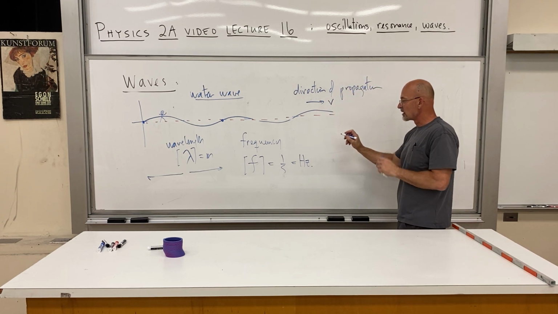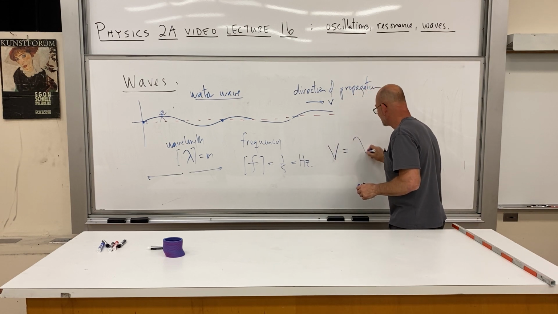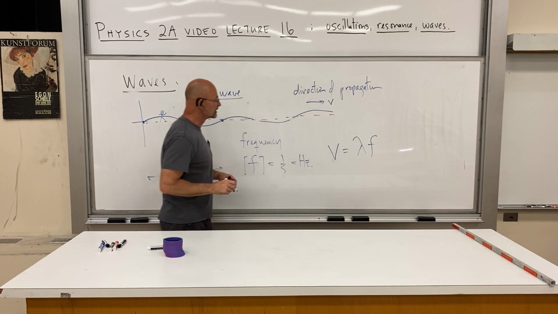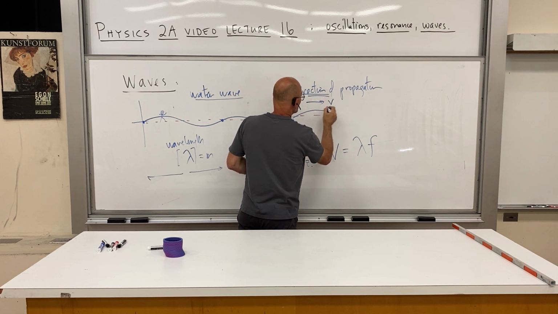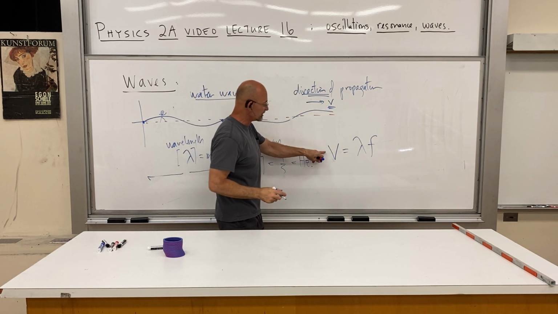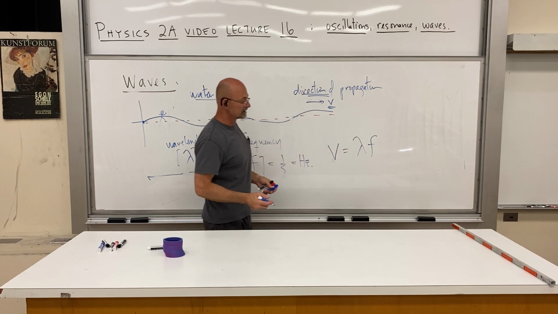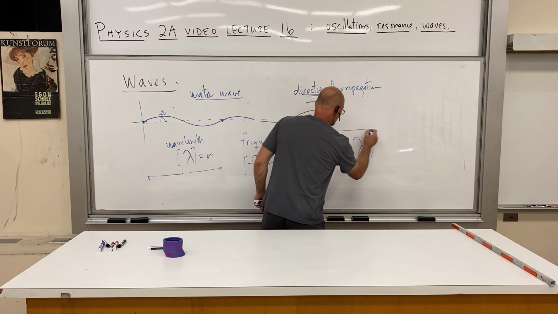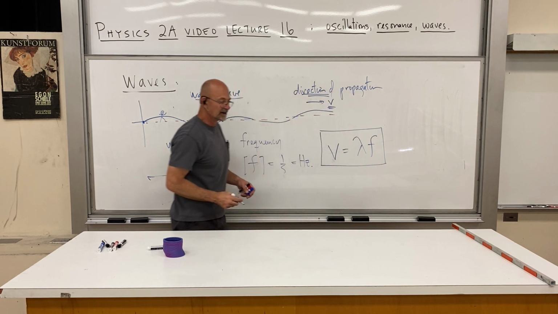The other relation I wanted to get to now is the speed of the wave is lambda times f. Happens to be the speed of propagation. Lambda times f, what are the units of this? Meters per second? Meters times 1/seconds, meters per second, okay? So that's the fundamental relation between wavelength and frequency when you have wave phenomena.